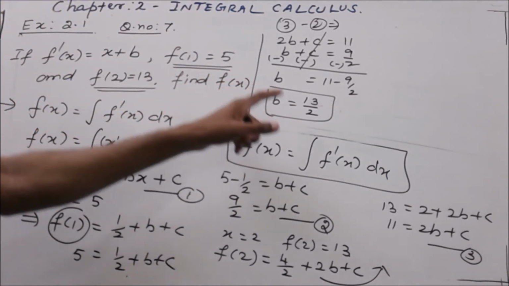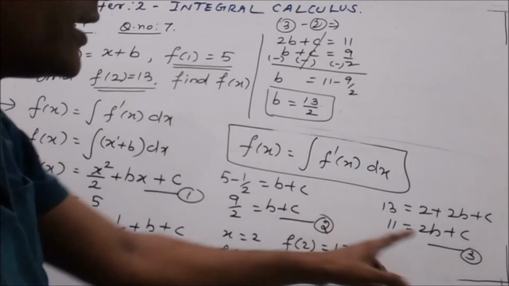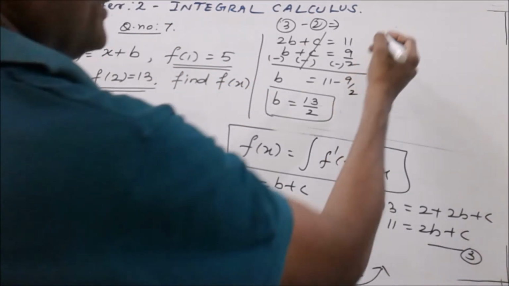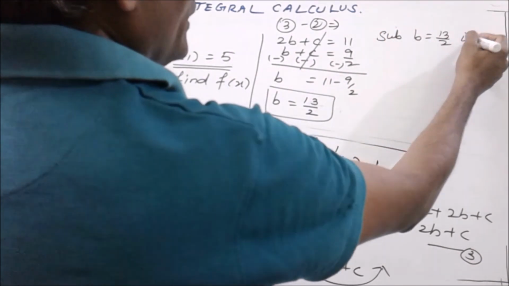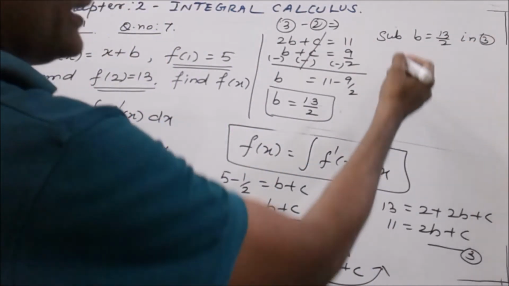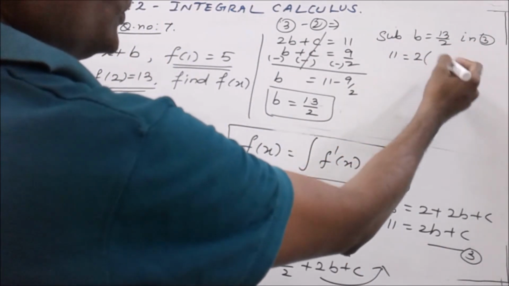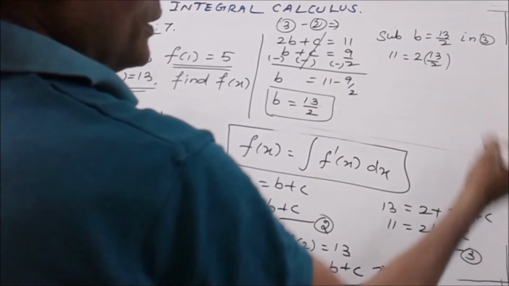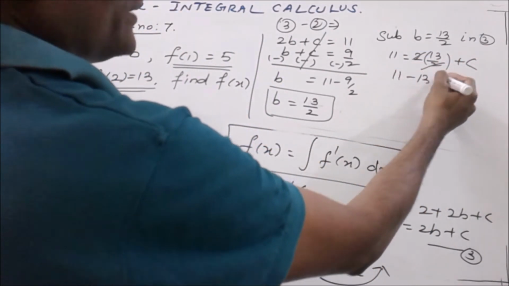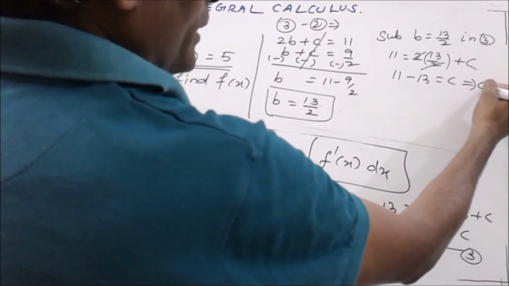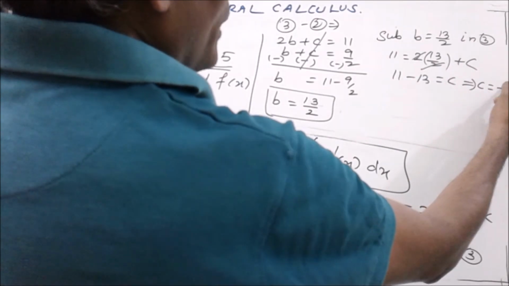Then substitute b equal to 13 by 2 in equation 3. We have 11 equal to 2 into 13 by 2 plus c. These two get cancelled. 11 minus 13 equals c, which implies c is equal to minus 2.